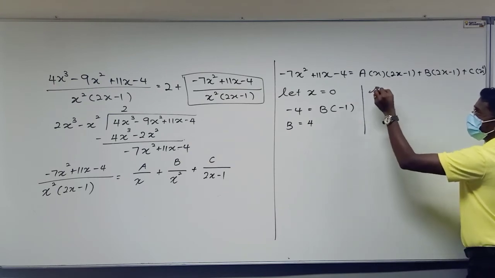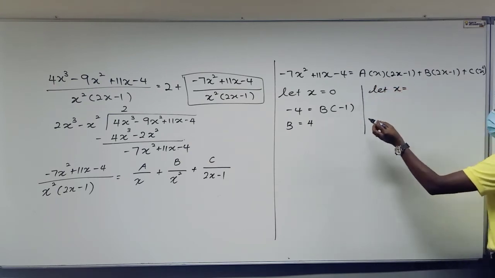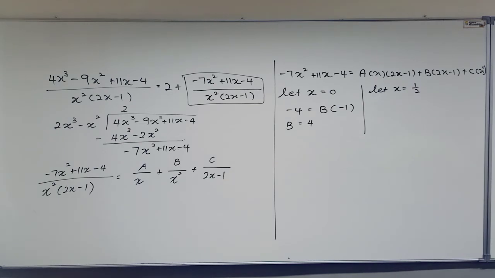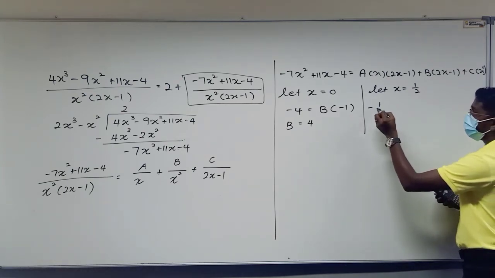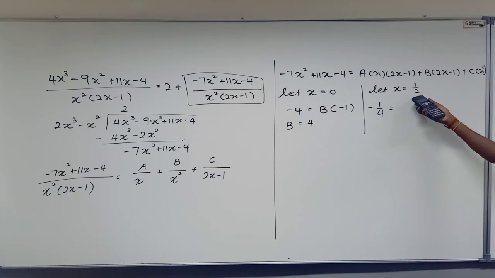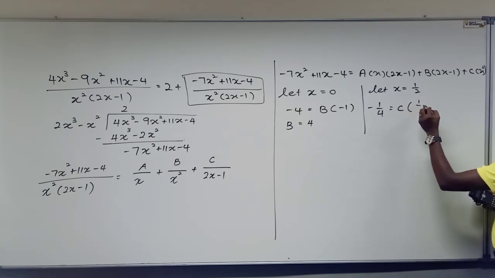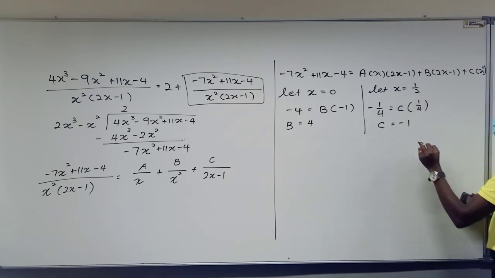And then let x be equivalent to 1 over 2. So when x is equivalent to 1 over 2, negative 7 times x squared plus 11x minus 4, so it's actually negative 1 over 4 is equivalent to c times 1 over 4, since the other terms are eliminated. Therefore c equals negative 1.